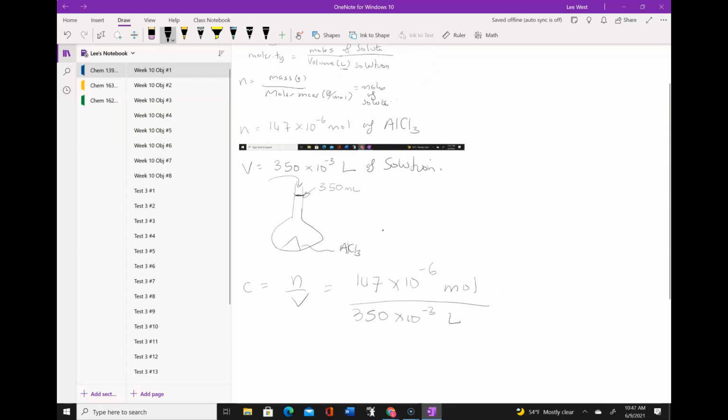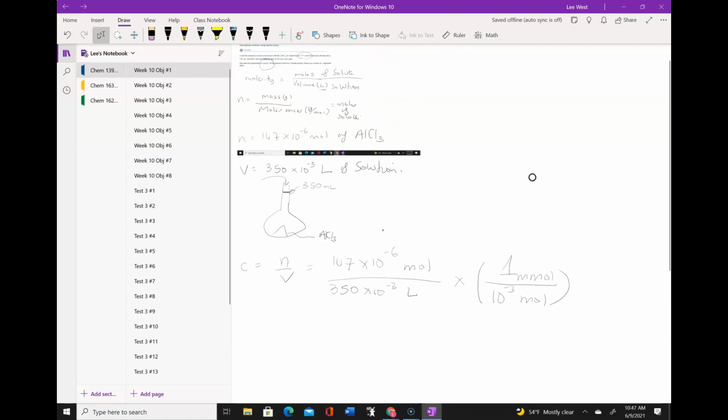But we don't want it in moles per liter, we want it in millimoles per liter. So we need a mole on the bottom there, and then we need a millimole on the top. And in 1 millimole, we get 10 to the minus 3 mole. So there we go.